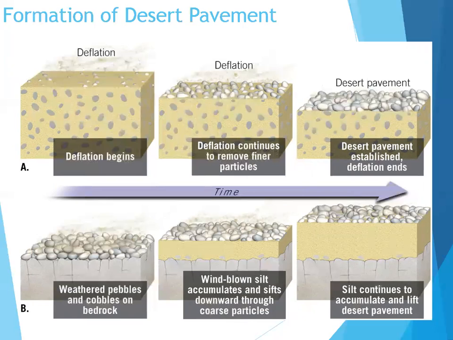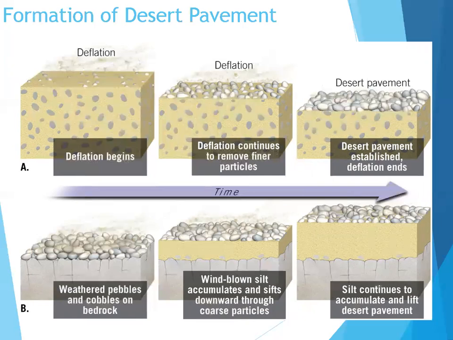But it can also happen in a different way, where your weathered large particles are there first, and wind blows in fine-grain materials that then settle out over time underneath your large materials as they fall between the cracks between them. So there are 2 ways that it can form.